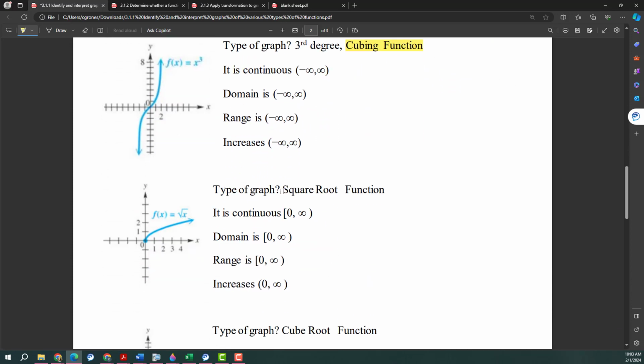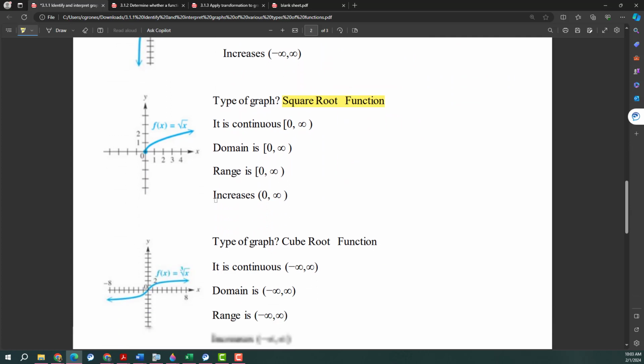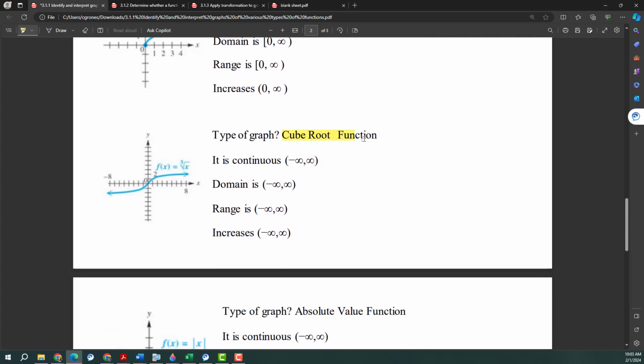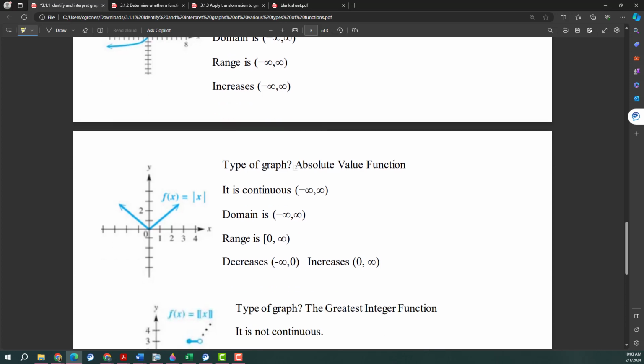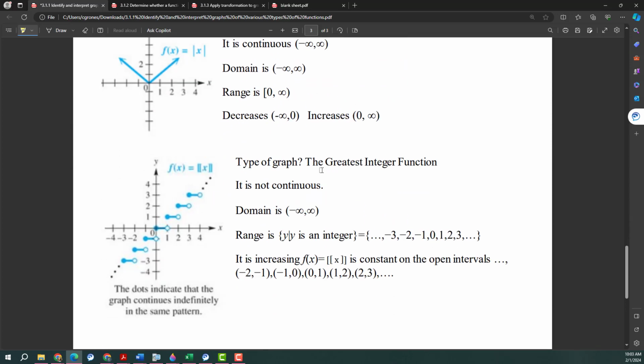So look at these. This is our square root function, the cube root function, and it shows you the graph. The absolute value function, and then the greatest integer function.